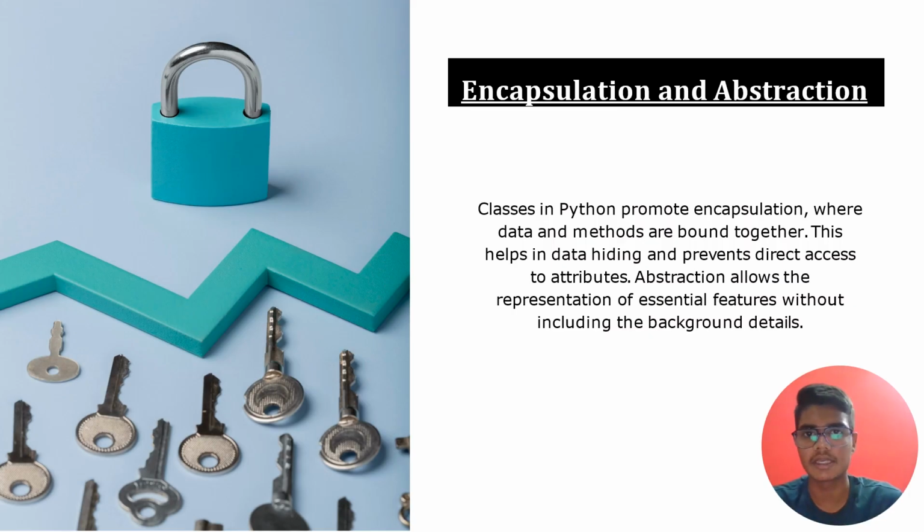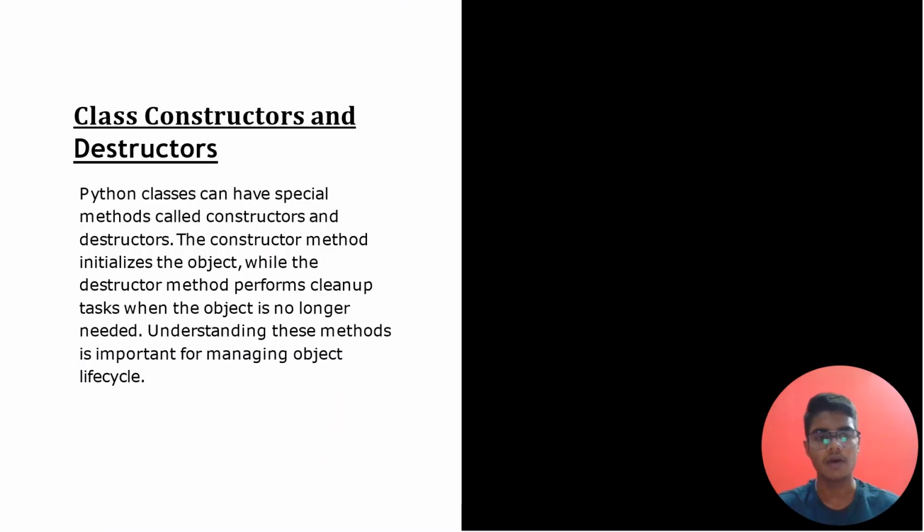Now coming to encapsulation and abstraction. Classes in Python promote encapsulation, where data and methods are bound together. This helps in data hiding and prevents direct access to attributes. Abstraction allows the representation of essential features without including the background details. Now let us know what are class constructors and destructors.